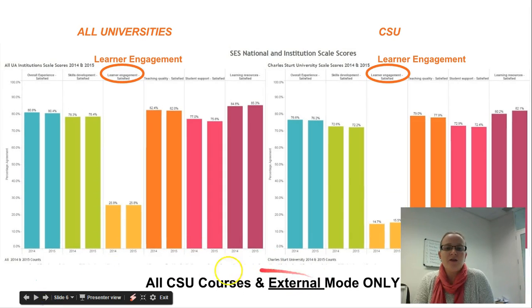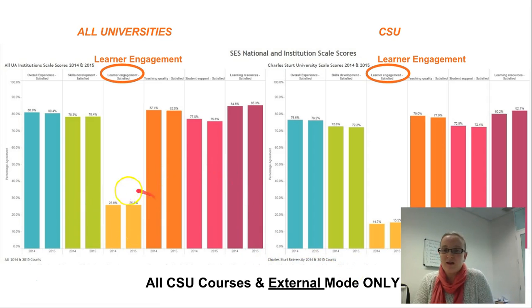If I now look, once again, at all CSU courses, but only at distance or external mode of study, you can see, certainly across the sector, learner engagement drops once we move to DE mode of study. But at CSU, this is quite profound in terms of the learner engagement in our distance courses.